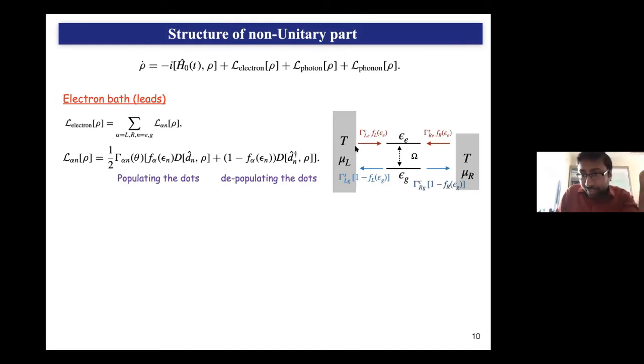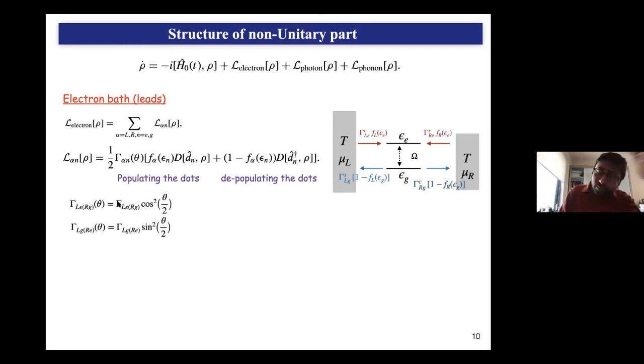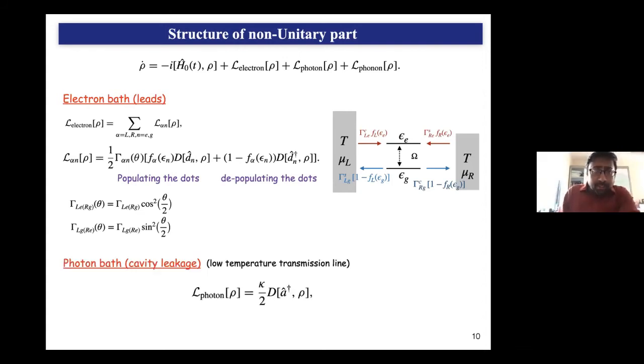So these are various rates with which you can populate the ground or excited state, as well as depopulate, and the rates are controlled by the coupling strength gamma. Remember, gamma is the coupling strength between the system and the electronic bath, and these theta components again come from the diagonalization. So that's the electronic bath. It just gives you the populating and depopulating rates of electrons.